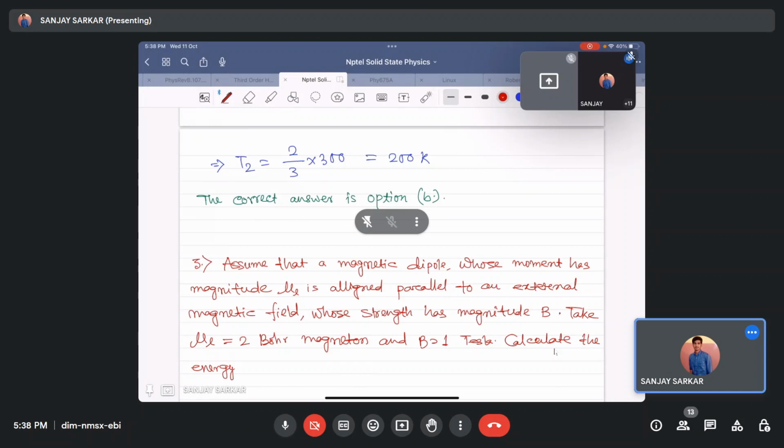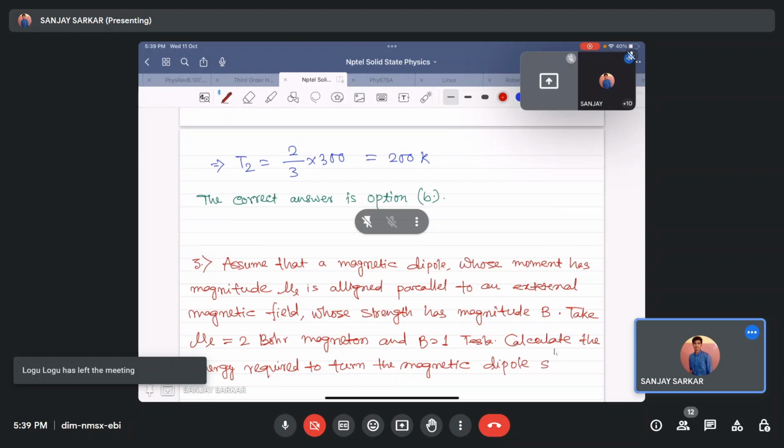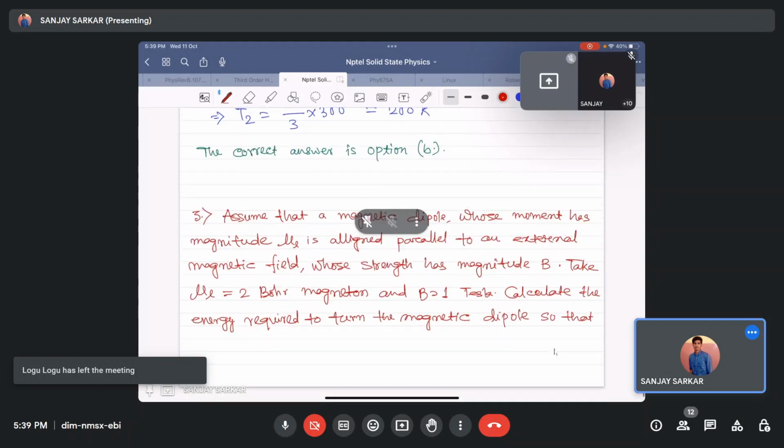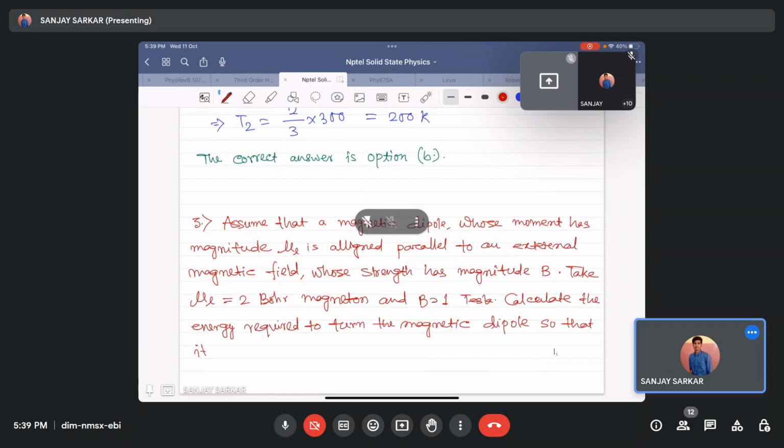Calculate the energy required to turn the magnetic dipole so that it is aligned anti-parallel to the field.